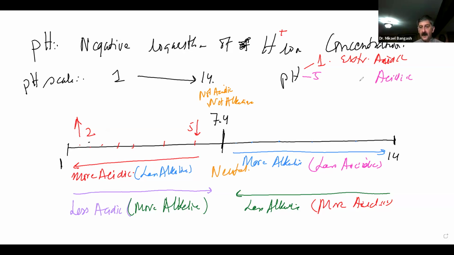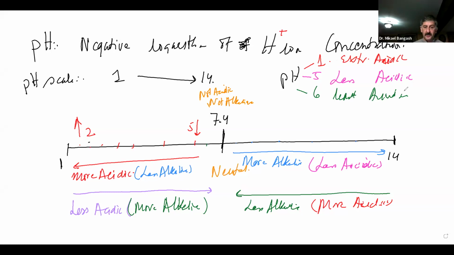But as far as its acidity is concerned, compared to a pH of 1, it's going to be less acidic. If you take, for instance, a pH of 6, then we can say, compared to these 3 pH values here, it is going to be the least acidic one.